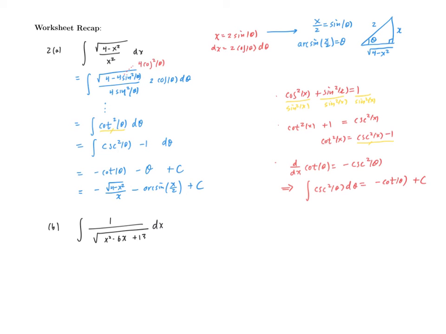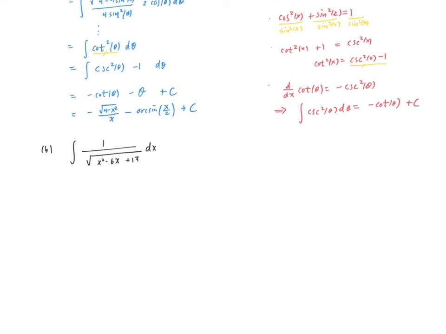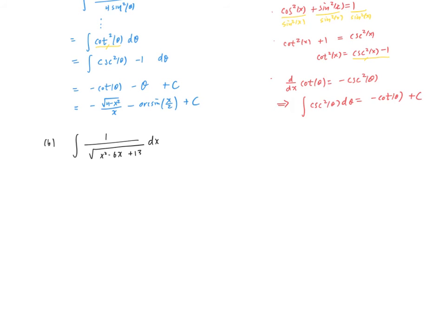For problem 2b on the worksheet, I don't want to go through all of the details. I just want to help you out with the initial algebra step. Looking at this integral, specifically focusing on this x squared minus 6x plus 13, this is extremely similar to an example from our previous video.